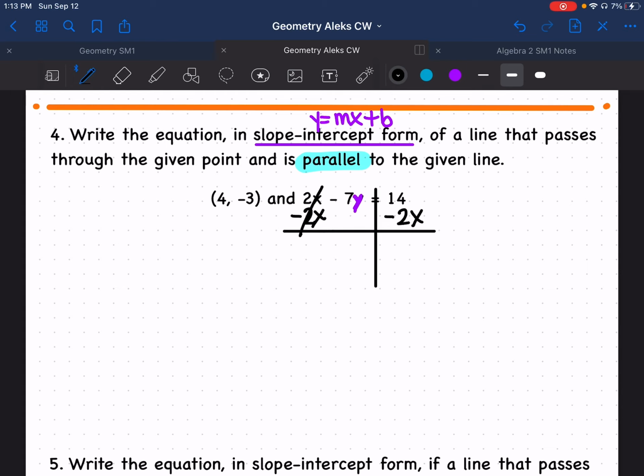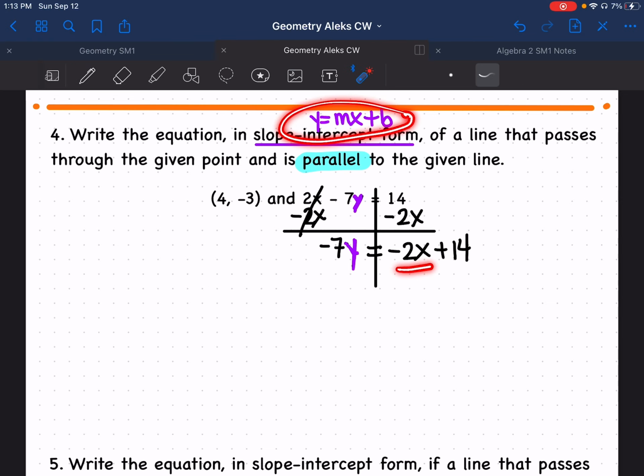I cannot take the 2 away from the 14 and say 12 because the 2 has an x and the 14 does not. So I'm simply going to write it as negative 2x plus 14. I want to put the x first because remember, my goal is to get in this form. So if I have x first, I have a better chance of identifying my m.